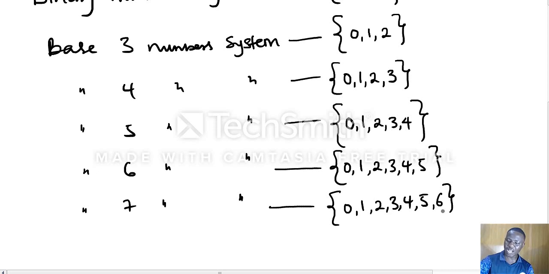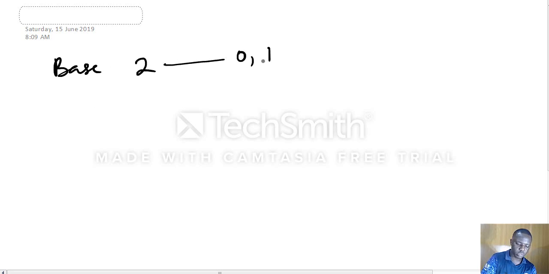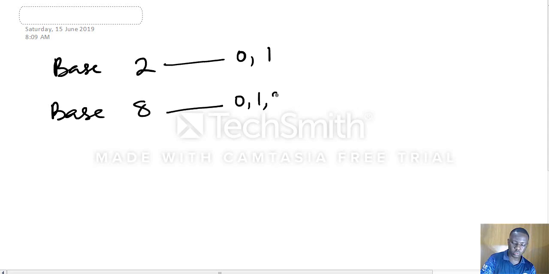But let's look at the main number base systems that we talk about. We have the base 2, which is made up of zeros and ones. We have also the base 8, which is made up of zeros, ones, 2, 3, 4, 5, 6, and 7.